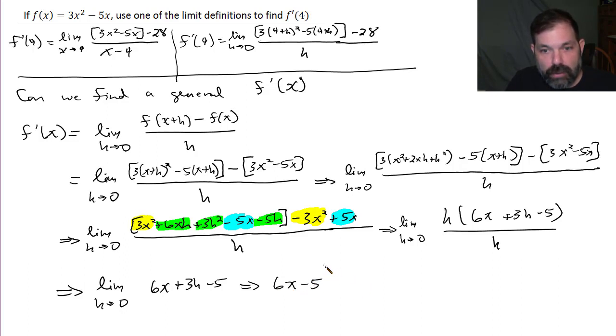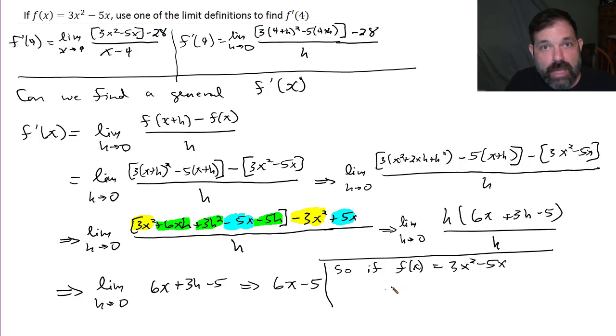So, what is this telling us? If the function is 3x squared minus 5x, its derivative function is 6x minus 5.